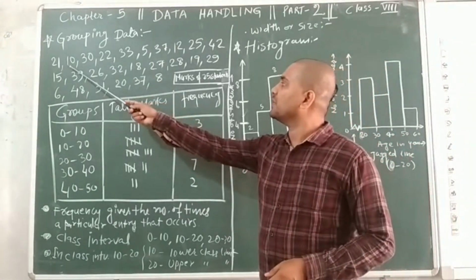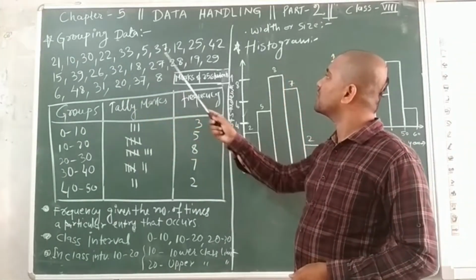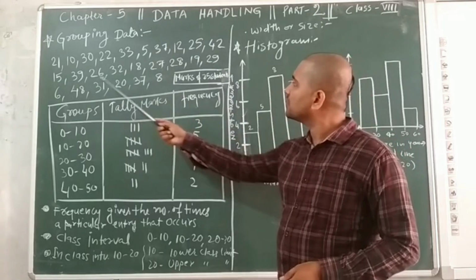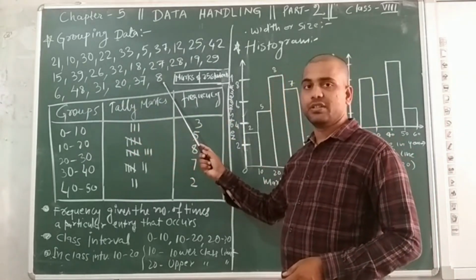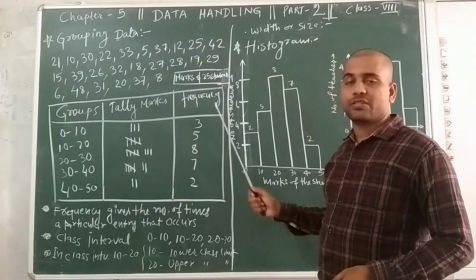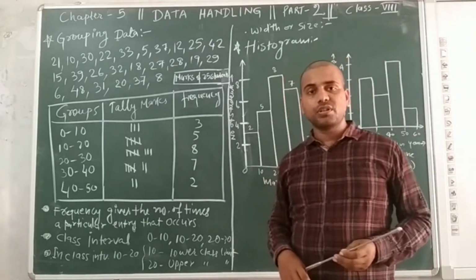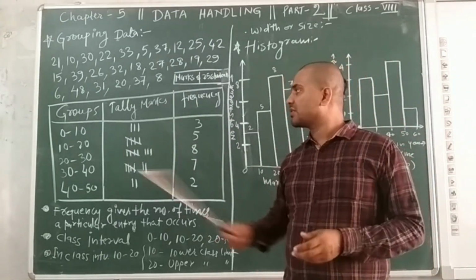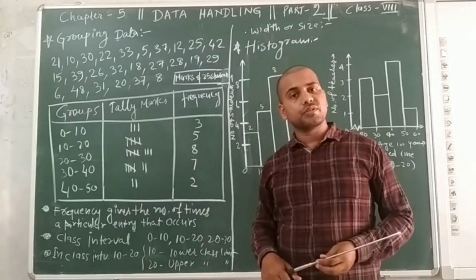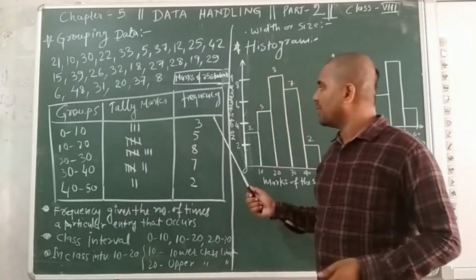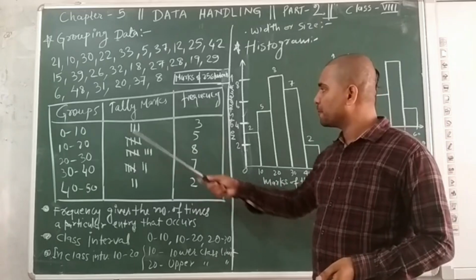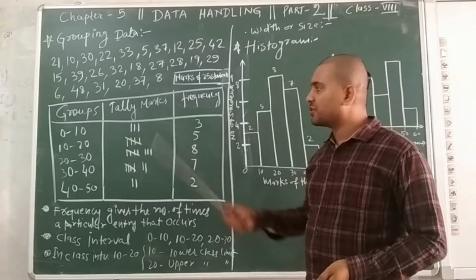So we will see 1, 2 and 3. Dear students, 3 students have scored marks between 0 to 10. So I have written 3 here, tally marks 1 to 3.